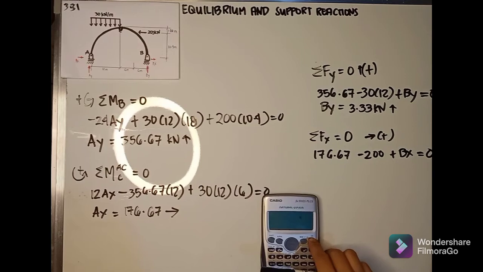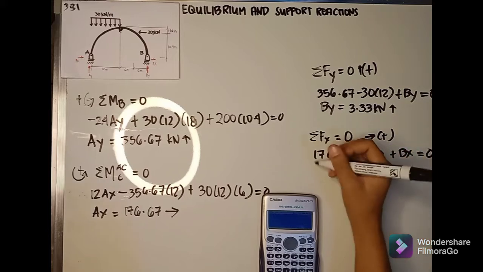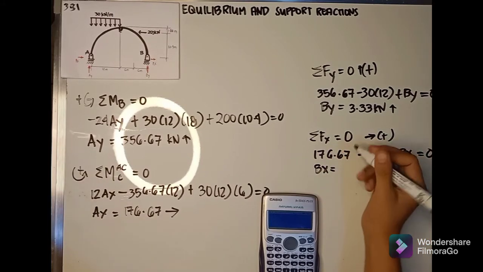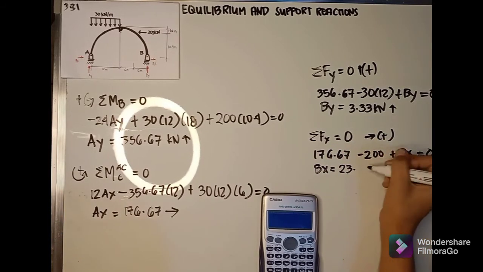Solving for BX, negative 176.67 plus 200, BX equals 23.33.